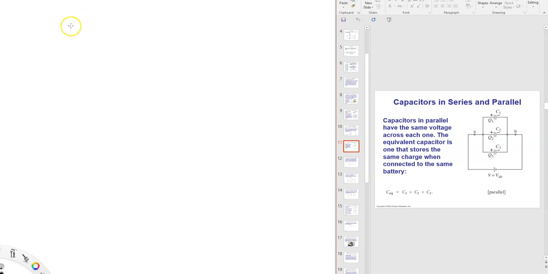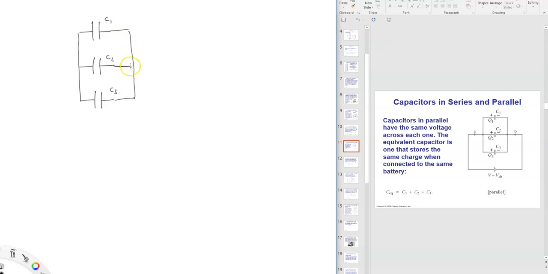Let's say we have three capacitors like in this diagram, C1, C2, C3. We connect all the left sides together, and all the right sides also together. Now the three capacitors are in parallel, and then we connect it to the battery.